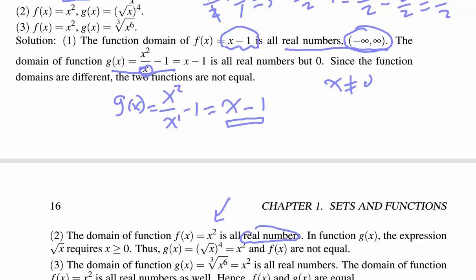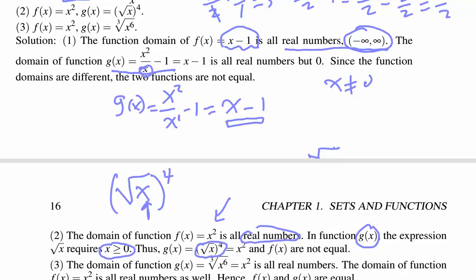But for the expression right here, if you look at that, you do the radical first, and then you raise it to the fourth. And here you cannot plug in a negative number. So that's why the domain for the second function g of x is greater than 0. Since domains are different, the functions are different.